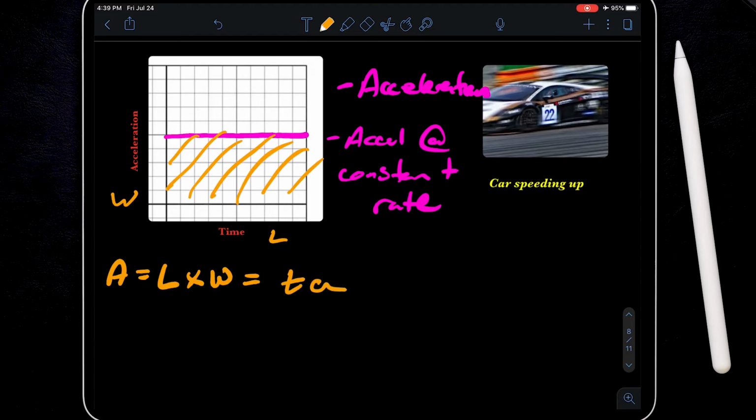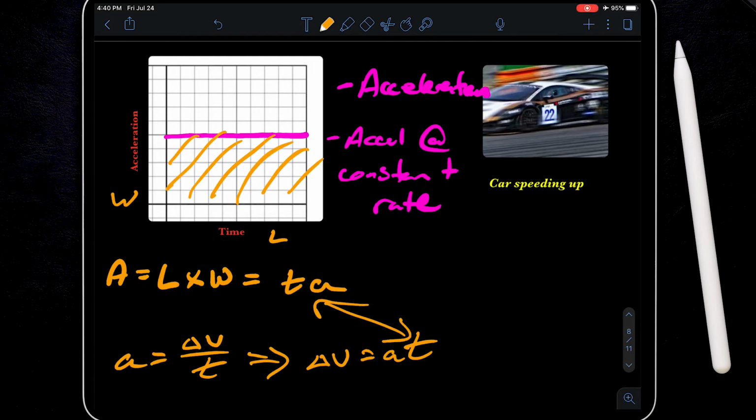Well, what does that even equal? Well, if we remember, our acceleration equals change in velocity over time, we can rearrange that to say change in velocity is equal to acceleration times time. So you notice these two equations are basically the same, which means that is the change in velocity.